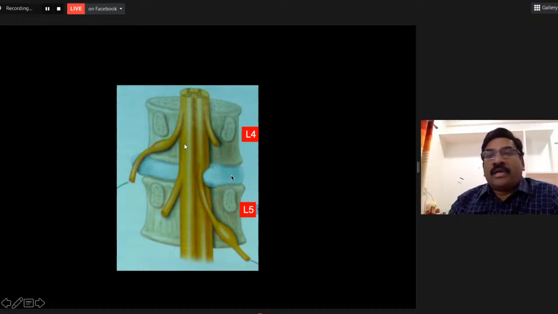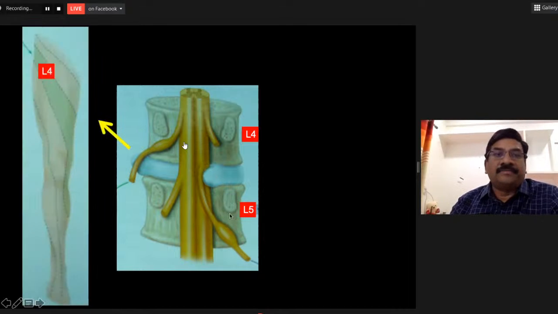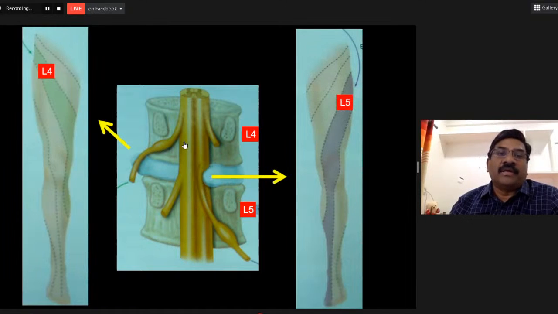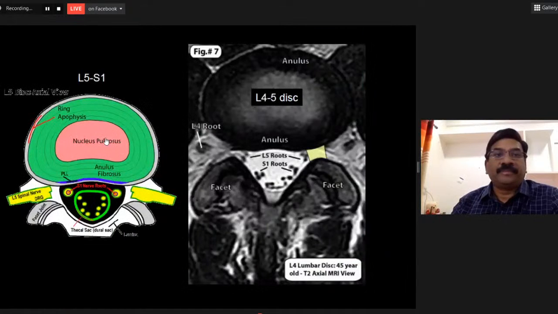In a normal paracentral disc prolapse at L4-5, the nerve root which gets compressed is the L5. This is very important to understand because the distribution of the pain completely differs. An L4-5 disc can cause L4 root radiculopathy. At the same time, an L4-5 disc can also cause L5 radiculopathy if it is paracentral.